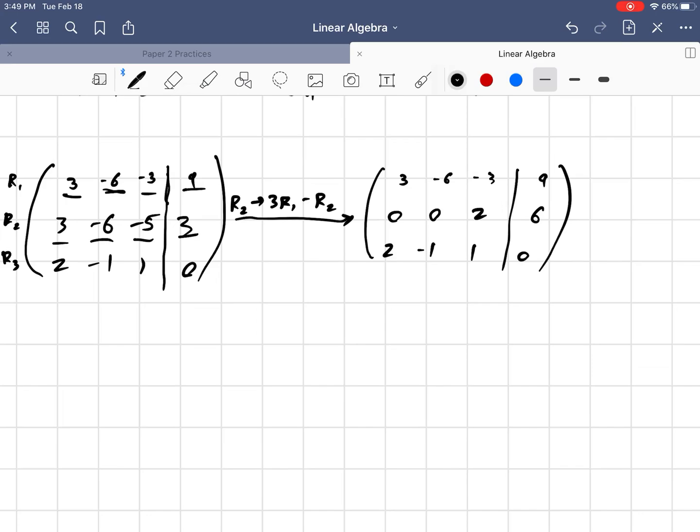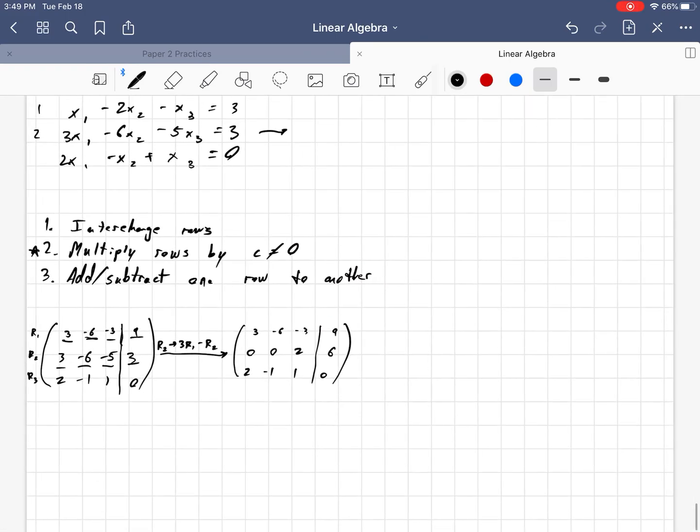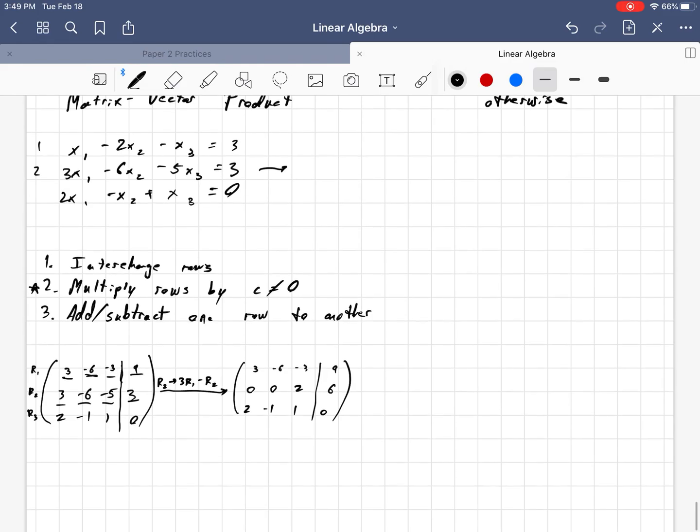There are two different forms that are nice for us: what's called row echelon form and reduced row echelon form.